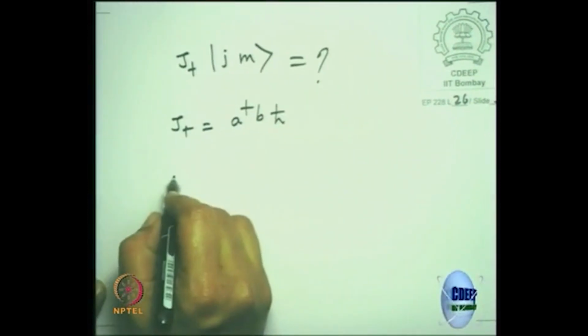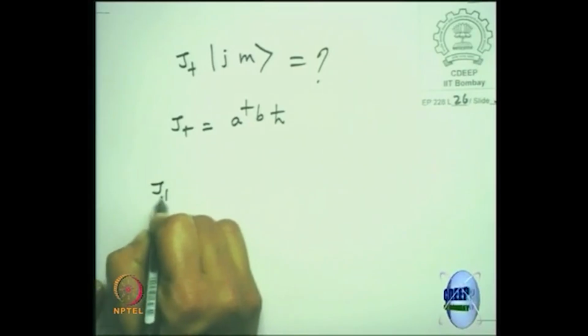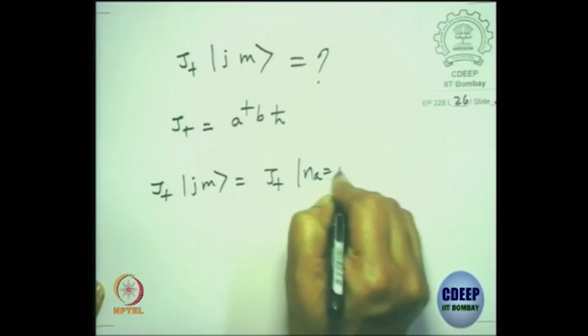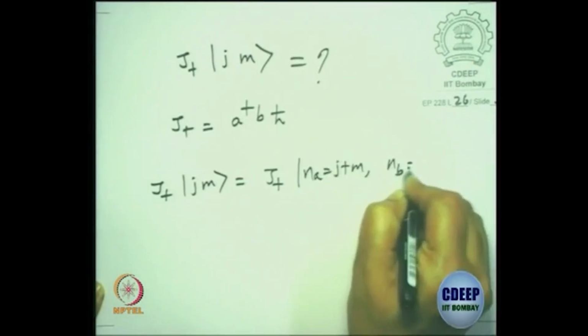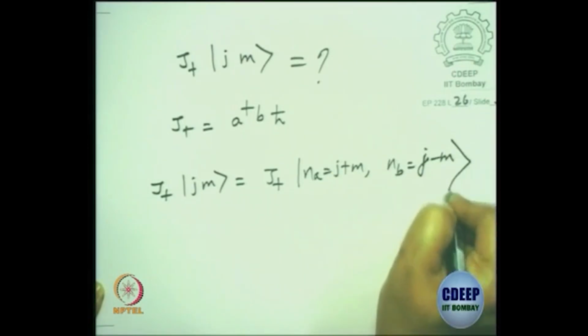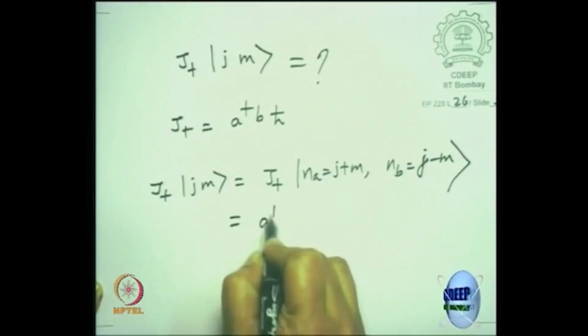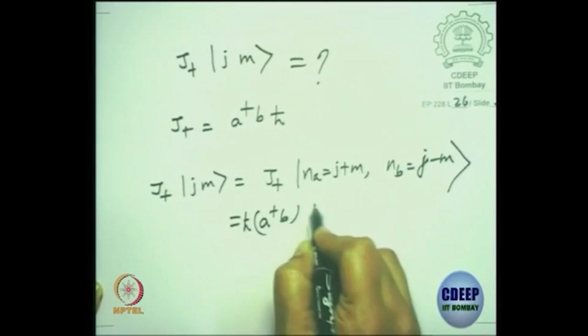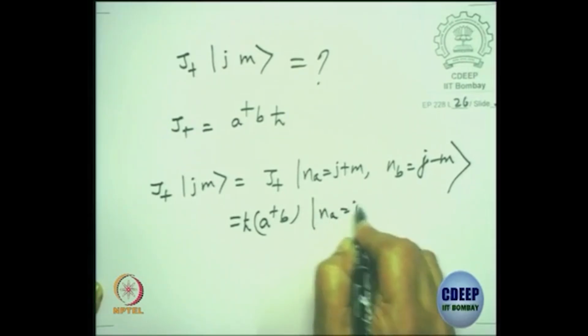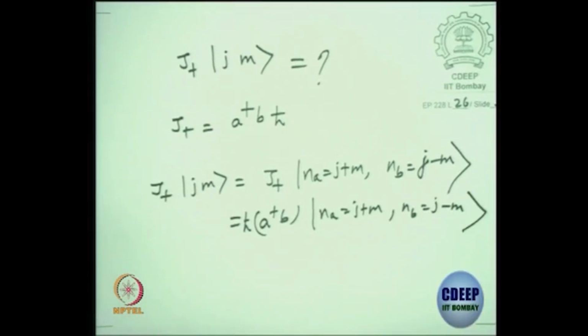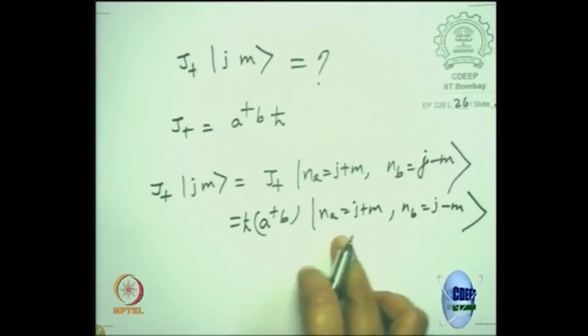So, you want to operate J plus on J m, which is equivalent to J plus on Na equal to J plus M and Nb equal to J minus M. The state is the same. And here I can operate A dagger B, ħ is anyway a number, on Na equal to J plus M, Nb equal to J minus M. What will B do? B will operate on the first state or the second state?